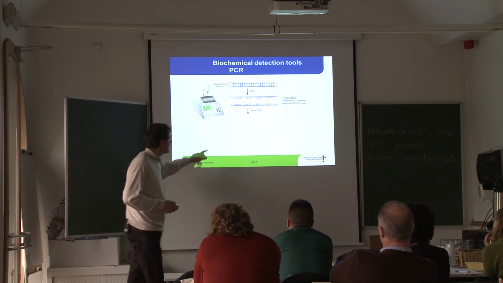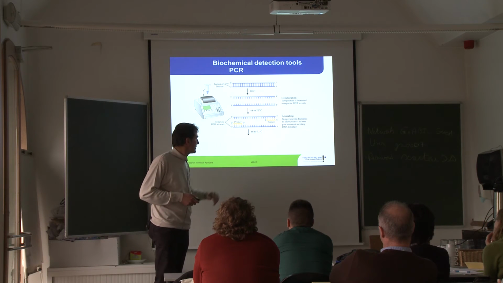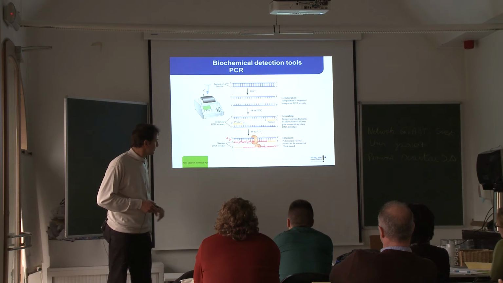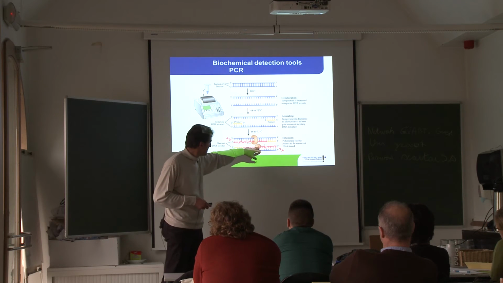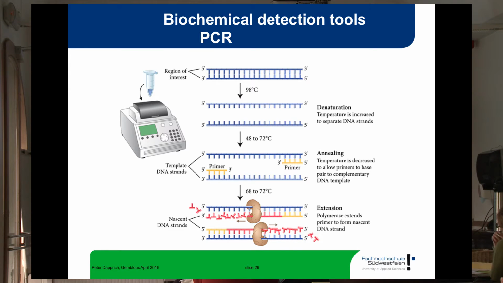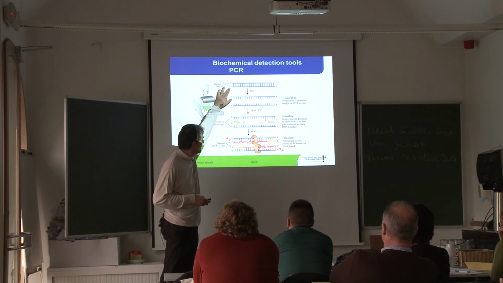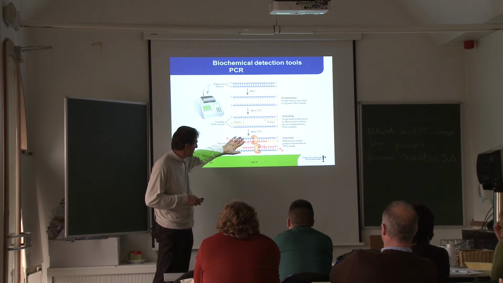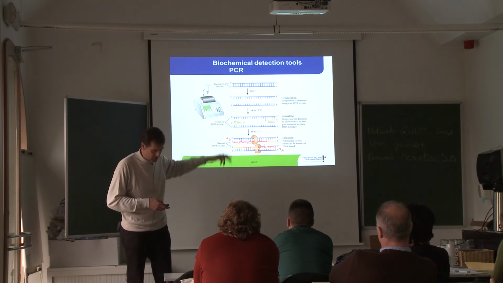Then the annealing phase, where the primer anneals to the single-stranded DNAs. And then the dNTPs, the nucleic acid parts, anneal to the DNA, and the enzyme binds it together, and then the cycle starts again. You now have 2 copies of your first DNA part, and then the second cycle brings again melting and the same situation again.